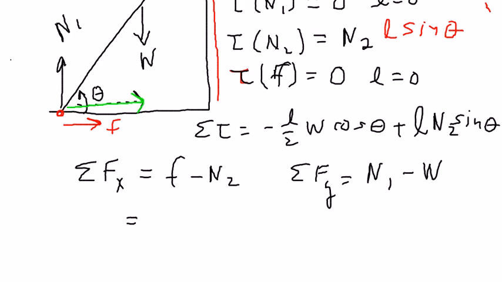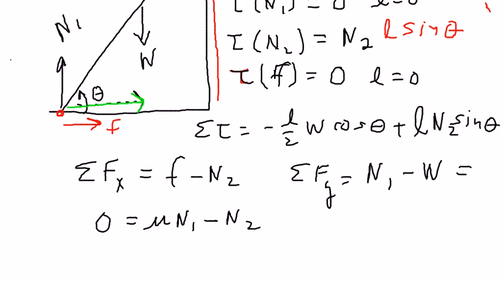You're going to recall that friction is mu N1, so I can write, and these are all going to equal 0, so 0 is equal to mu N1 minus N2. And now I have enough information that I can solve for my equations.